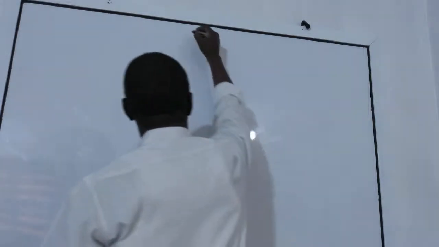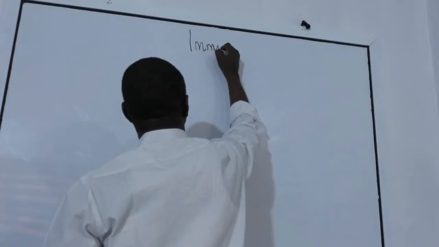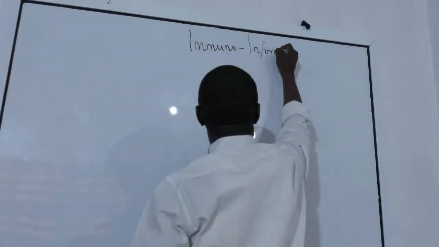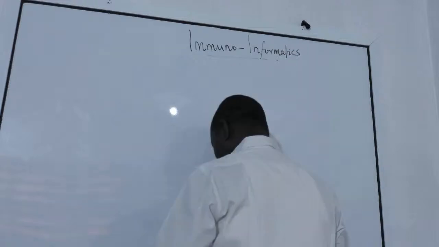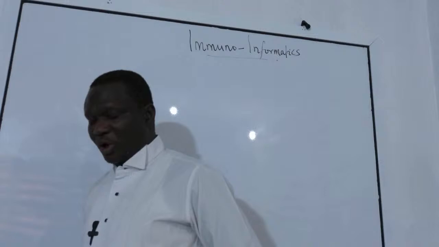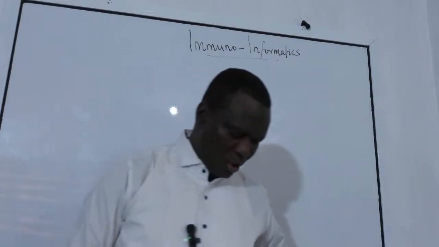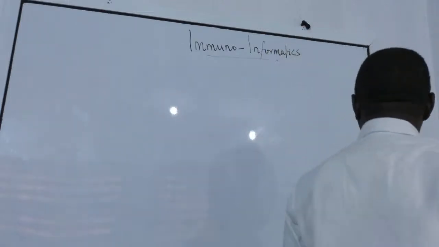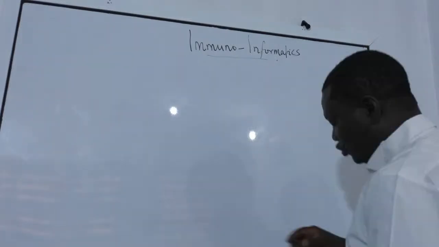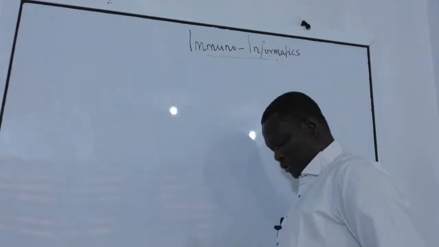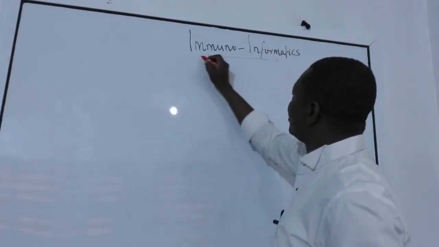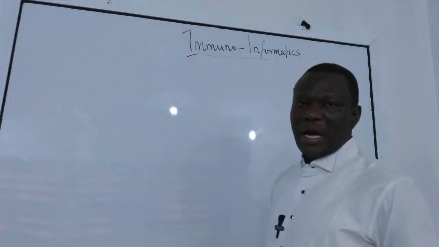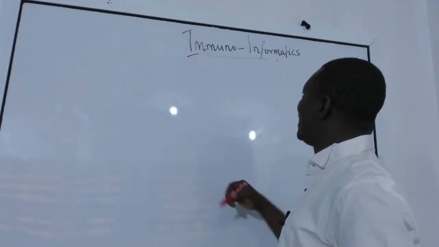Once again, don't forget that we are still in the business of understanding informatics. Just from the word immuno-informatics, you will be able to know what exactly we are talking about. That is the use of bioinformatics tools, bioinformatics techniques, and a lot more to be able to understand how our immune system works.